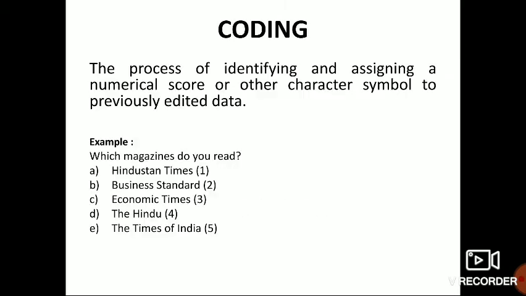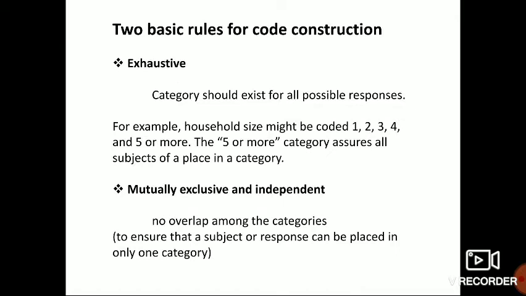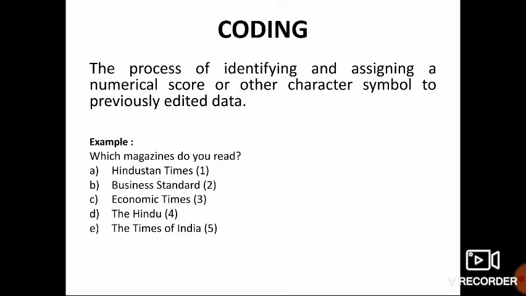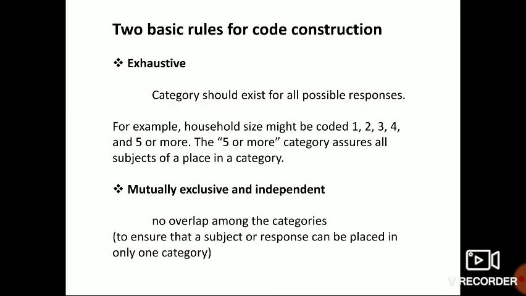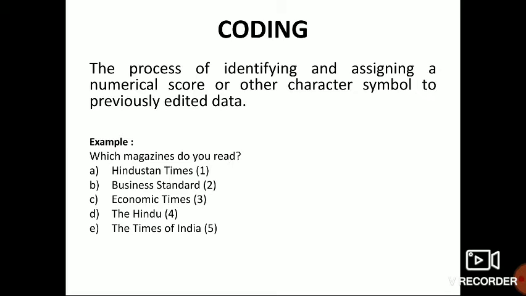The question has 5 categories, and these 5 categories represent all possible responses. If it goes beyond the 5, the category will expand to 6 or 7 like that.